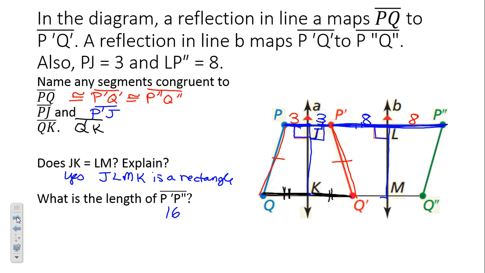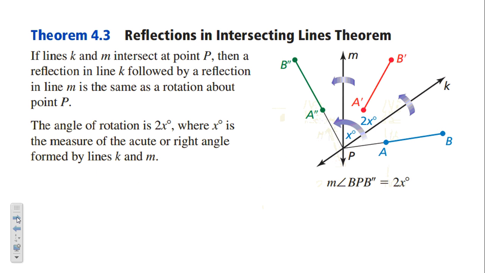All right. So a couple more slides and we're done. Reflections across intersecting lines. Reflections across intersecting lines are a little different. If they're parallel lines, it ends up being a translation. If they're intersecting lines, what does it end up being?